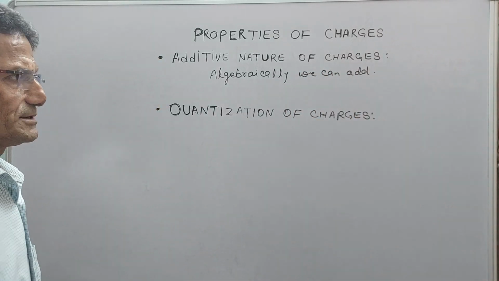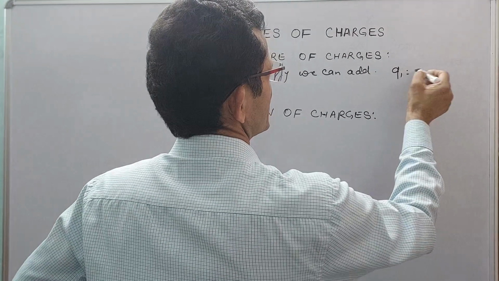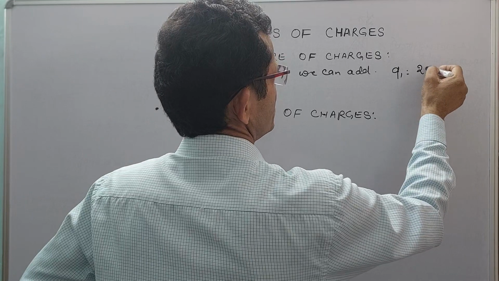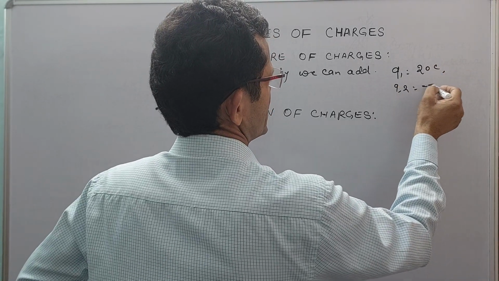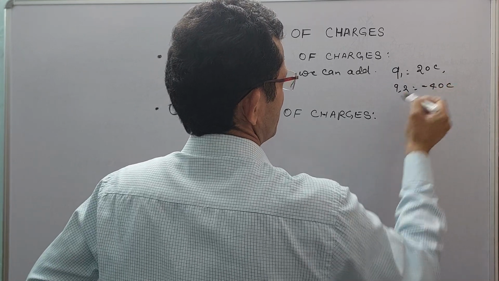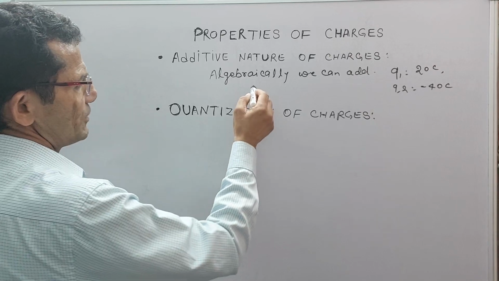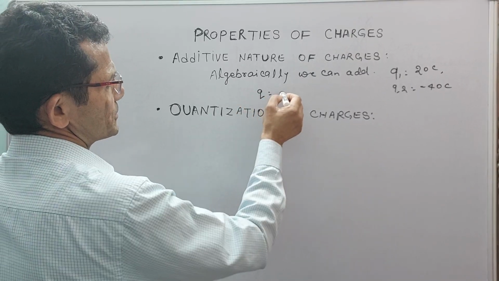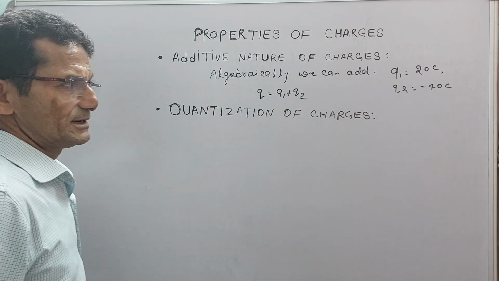It means that suppose we take two charges, Q1 is 20 coulomb and Q2 is minus 40 coulomb. If I add these two charges, the total charge on the object is Q equals Q1 plus Q2. Algebraically means mathematically.